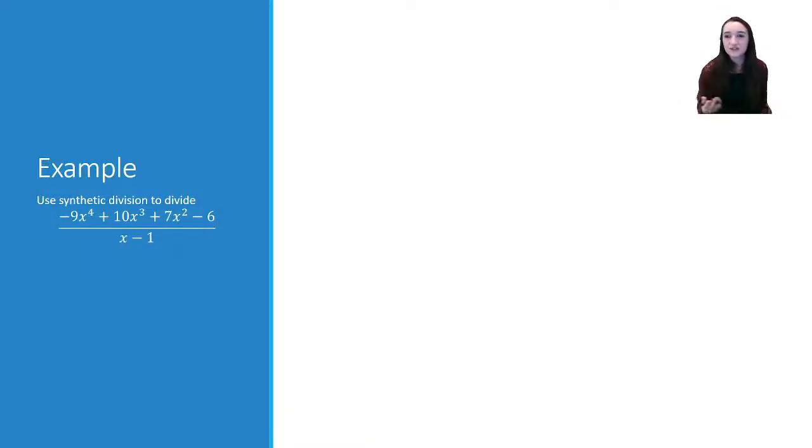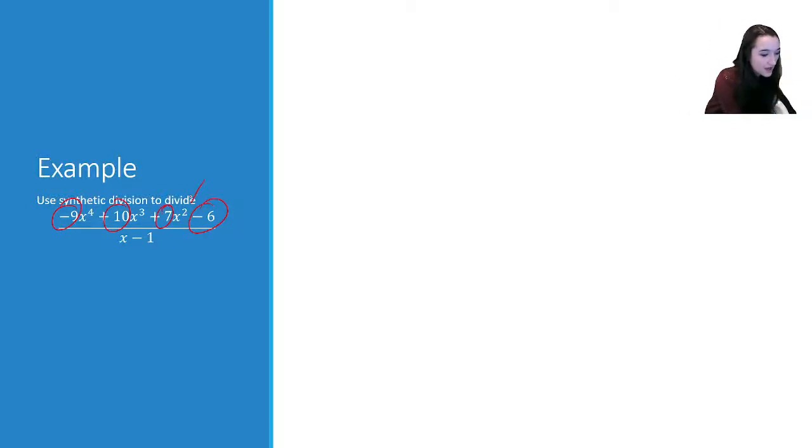Use synthetic division to divide negative 9x to the fourth plus 10x cubed plus 7x squared minus 6 by x minus 1. So we're going to set up our synthetic division first. We start by taking each of the coefficients, negative 9, 10, 7, 6, but there's something missing here.